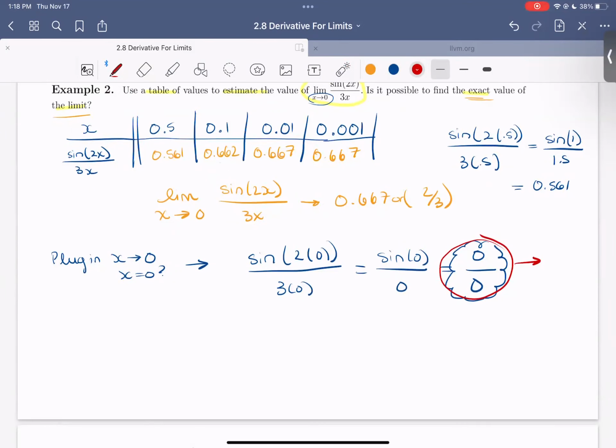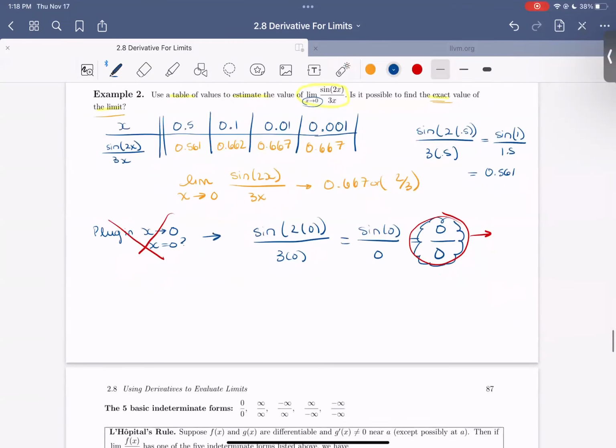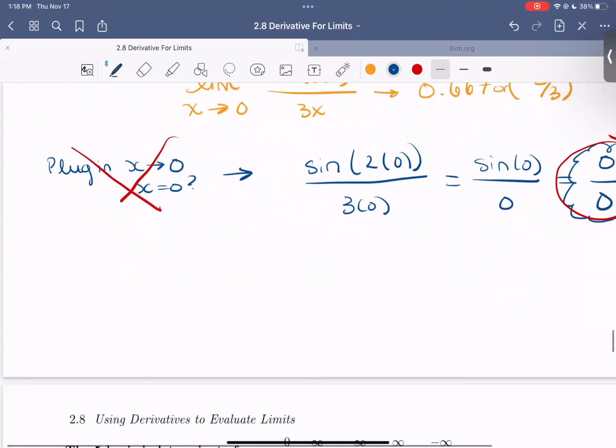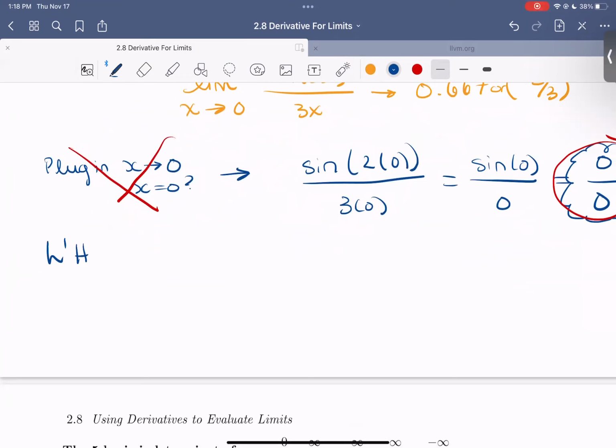But we can use a method called L'Hopital's rule. It's often spelled like hospital, or using another language or another spelling, L'Hopital.